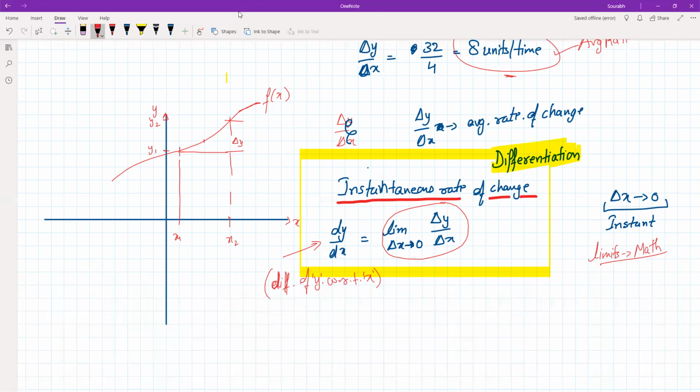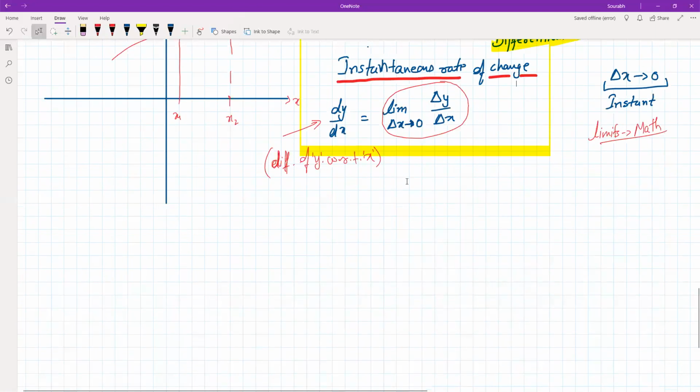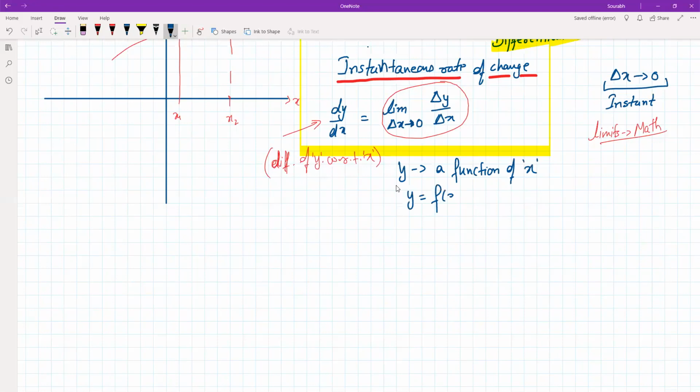Now we'll study how to find this using limits later. But for the time being, we'll have a few techniques of finding differentiation. Here itself you can see what is y. Y is a function of x. That means when x changes, y will change. So y is equal to f of x. So what is dy by dx?